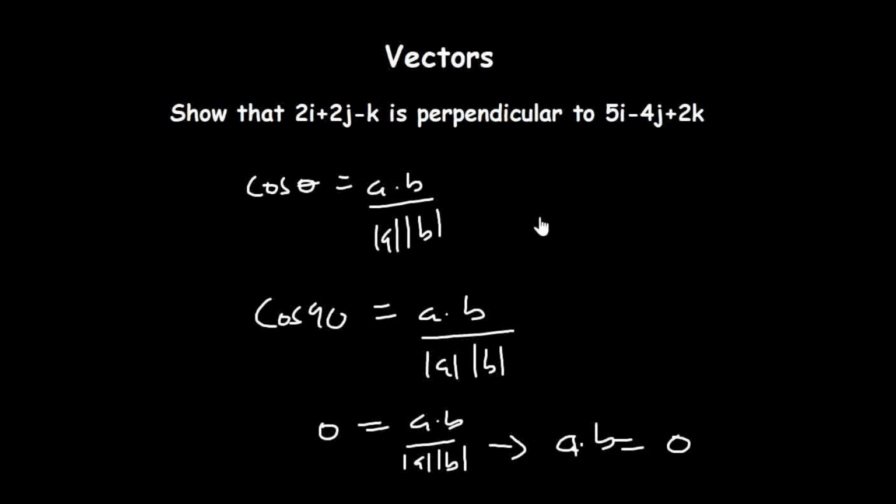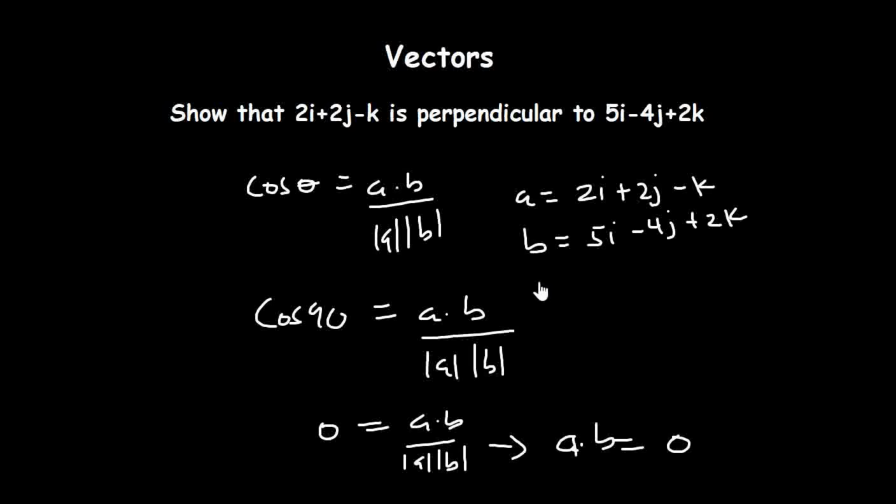In this case, I consider vector A to be equal to 2I plus 2J minus K, and vector B to be equal to 5I minus 4J plus 2K. When I take the dot product of these two vectors, it should be equal to 0. If I don't get 0, then the two vectors are not perpendicular.